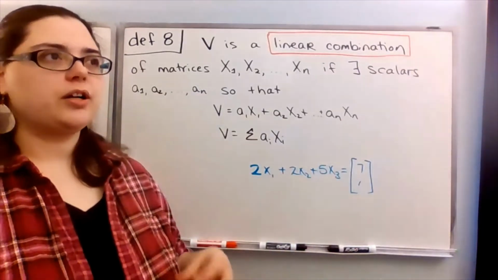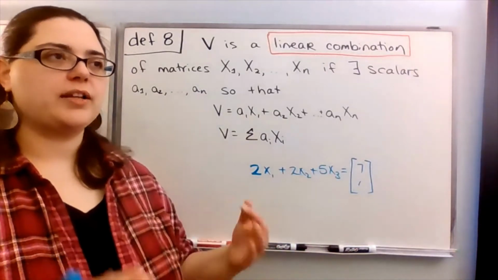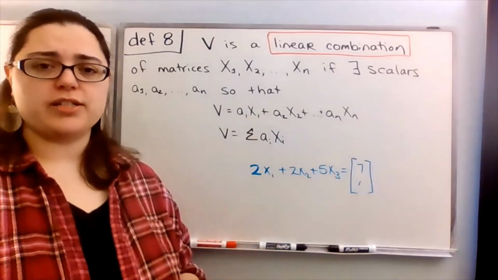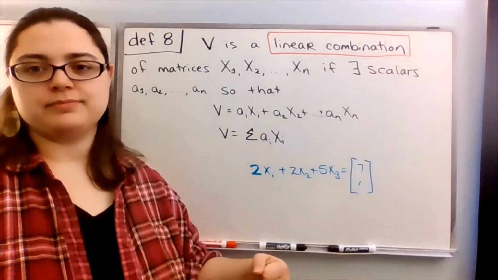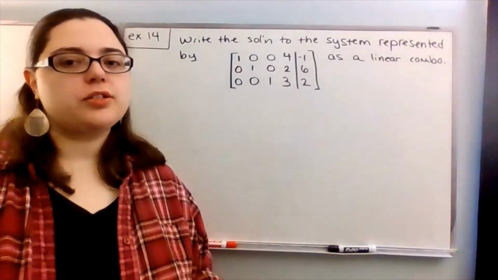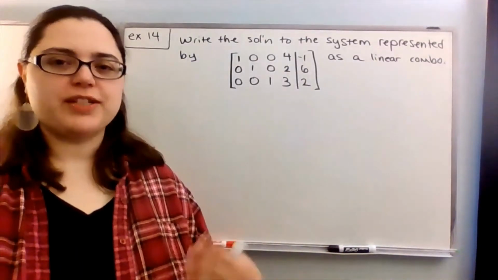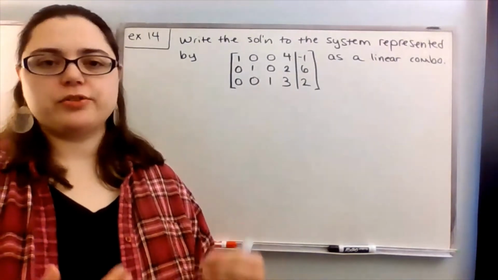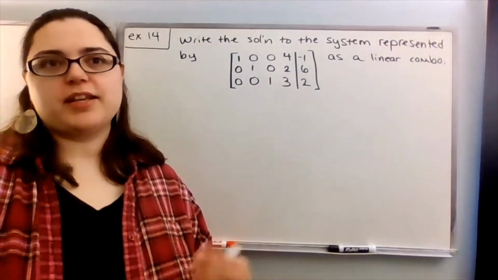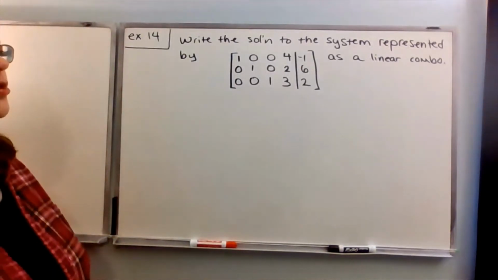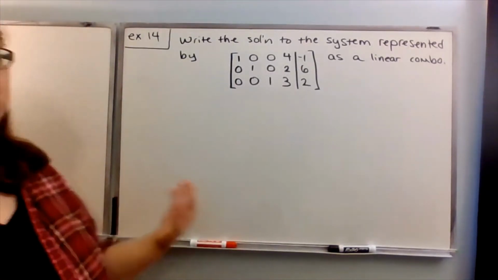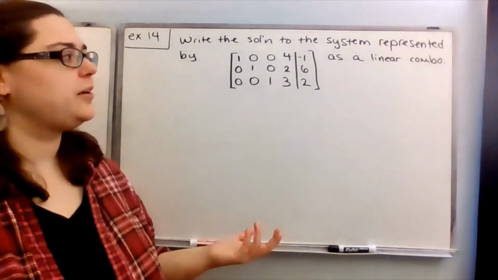So let's do a couple of examples of writing some of our parametric solutions that we've already seen as linear combinations of matrices. For our first example, we're going to look at a matrix that we saw in a previous example, and we're going to write the solutions to this system as a linear combination of matrices. To begin with, we have to find the solution to the system.